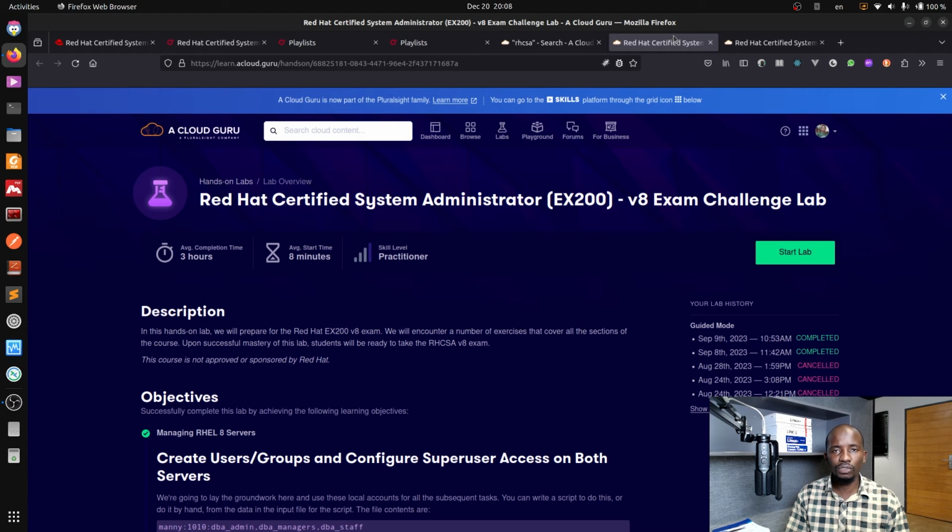I had to write a bash script, which was very challenging and very interesting, and I learned a lot around that topic. That was all the content I used to study which is related to that exam specifically.